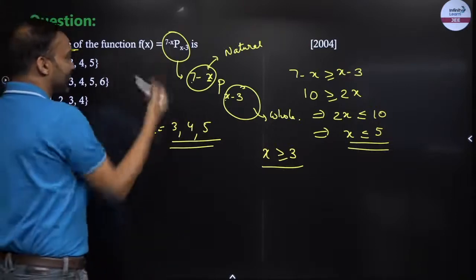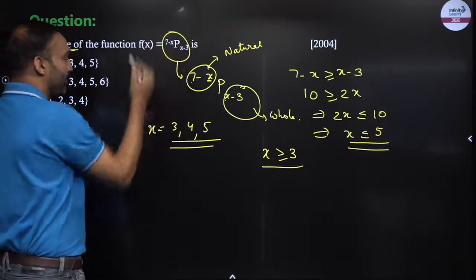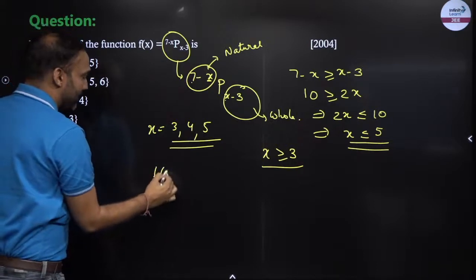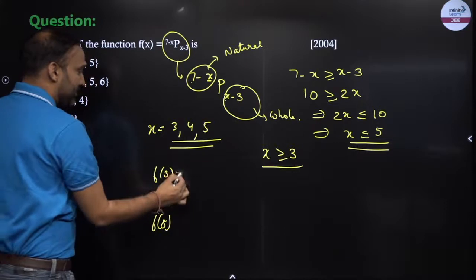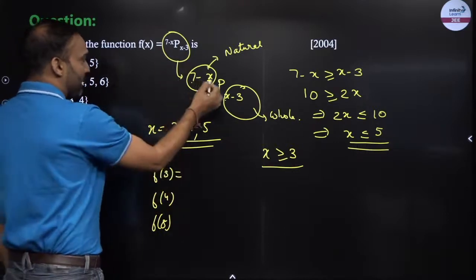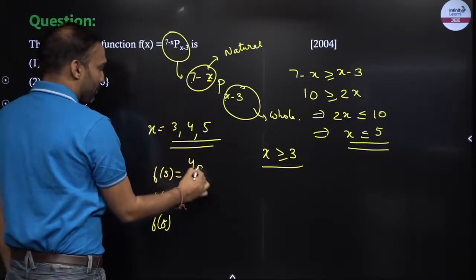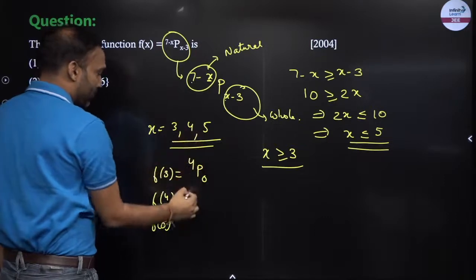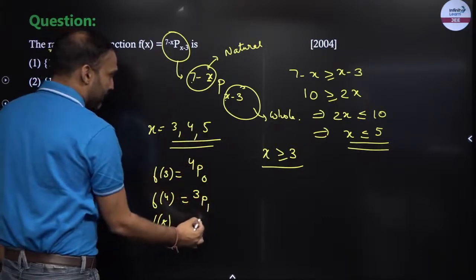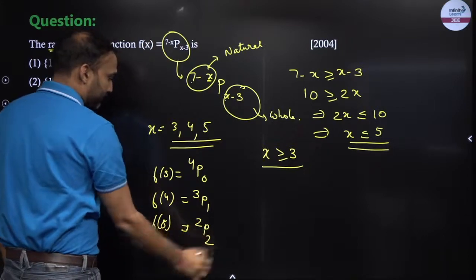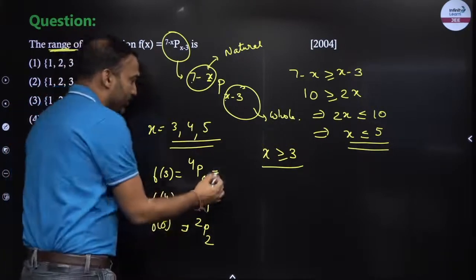Now what is the range of this function? Range would be the value of y. So f(3), f(4) and f(5) would be my range. So what is f(3)? Put x equal to 3, so 4P0. Put 4, there is 3P1. Put 5, there is 2P2. What is 4P0?